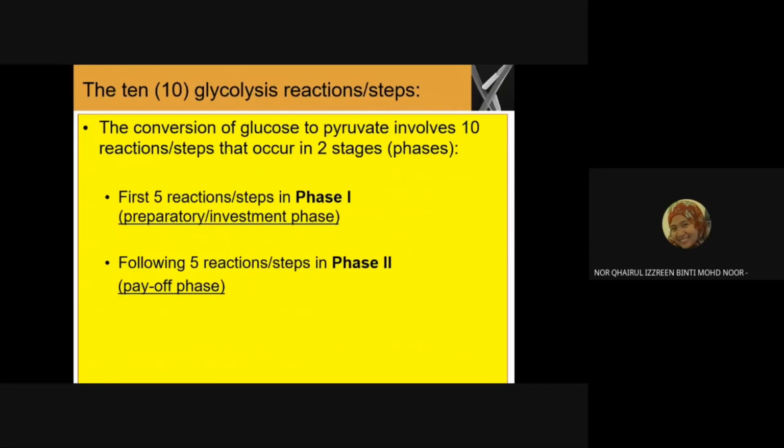So the first 5 steps are what we call phase 1 or the first stage, and the following 5 steps are phase 2 or the second stage. Phase 1 is basically the investment phase, where you use ATP. The second stage is where glycolysis will produce ATP.